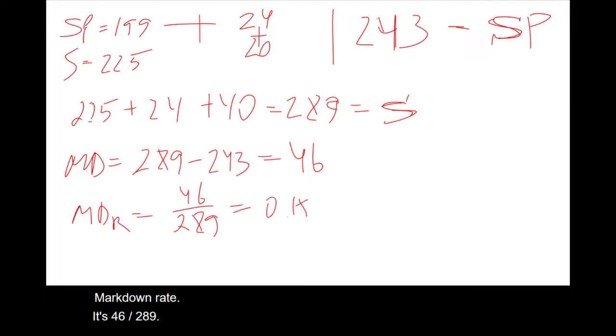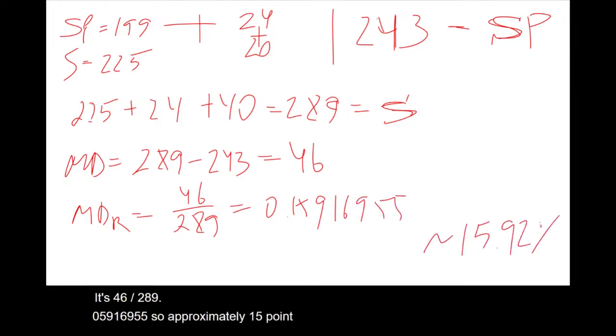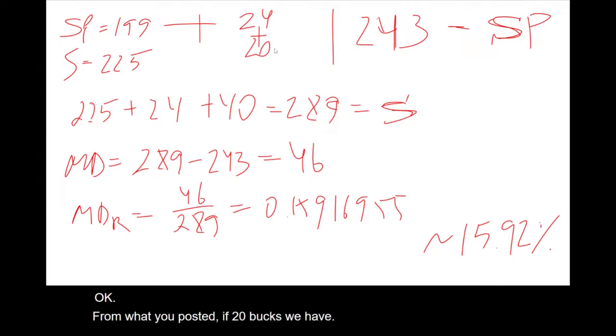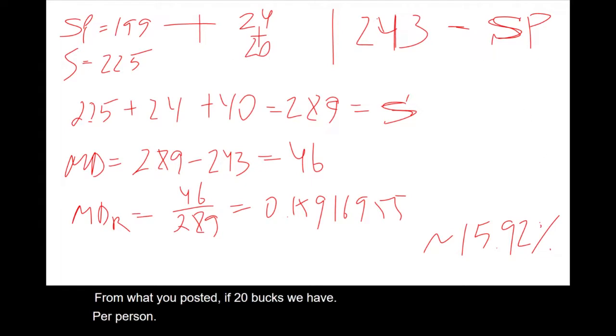That is 0.5916955, so approximately 15.92%, something like that. Do you have the answer? Okay, from what you posted, if 20 bucks we have per person, so for 50% discount.